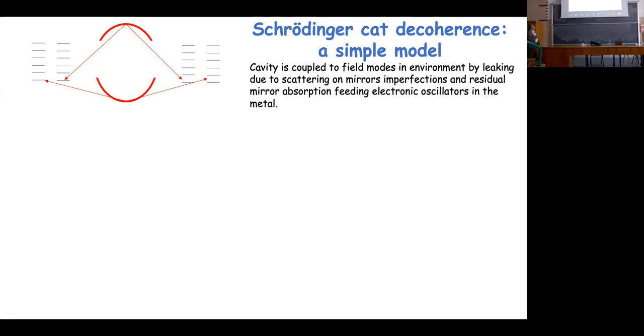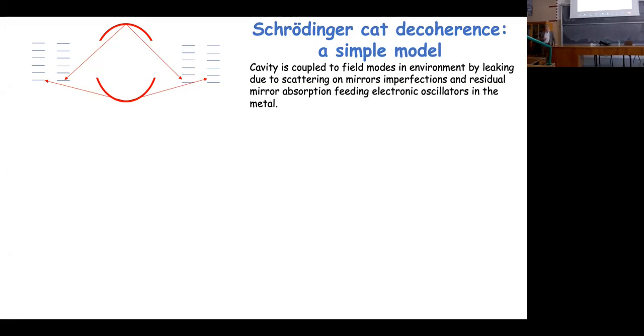What happens is that the photons keep bouncing between the mirrors, and there are some imperfections. So sometimes a photon is scattered out, or sometimes a photon is absorbed by electrons in the mirrors.